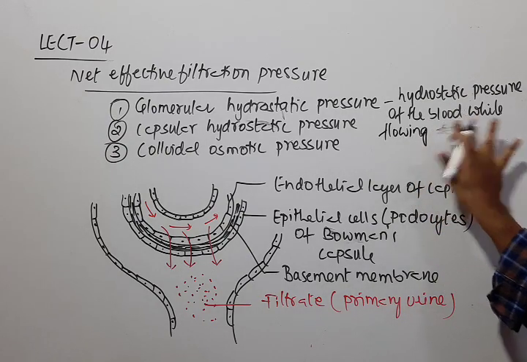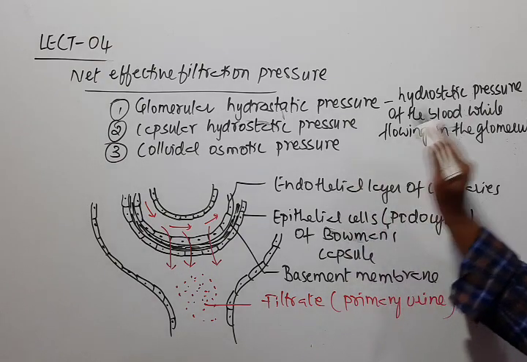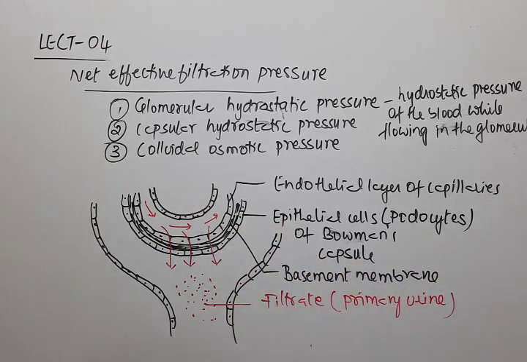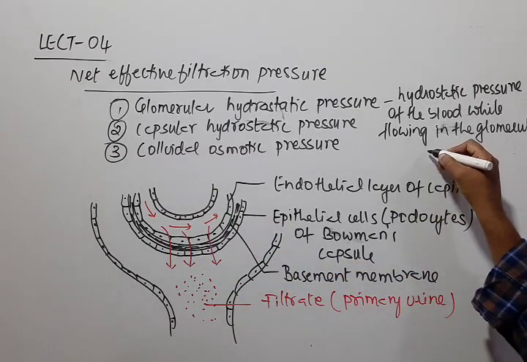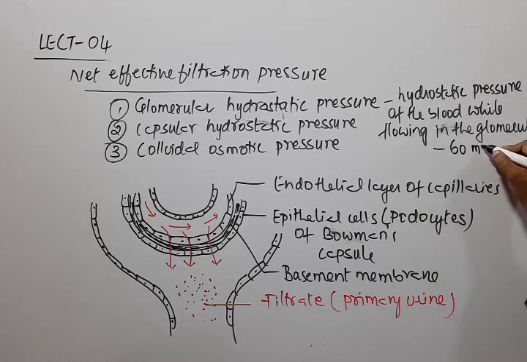So it's the hydrostatic pressure of the blood which is flowing in the glomerulus, and this glomerular hydrostatic pressure will be around 60 mm Hg.